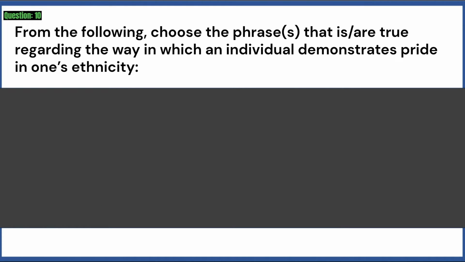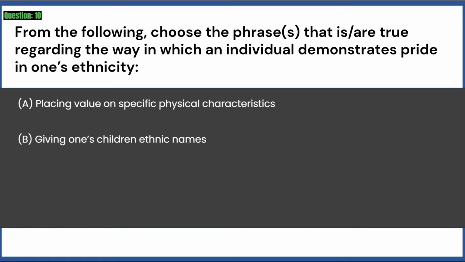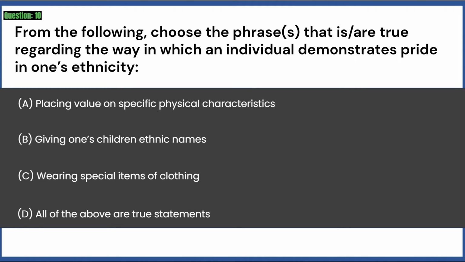From the following, choose the phrases that is or are true regarding the way in which an individual demonstrates pride in one's ethnicity. A. Placing value on specific physical characteristics. B. Giving one's children ethnic names. C. Wearing special items of clothing. D. All of the above are true statements. Answer: D. All of the above are true statements.